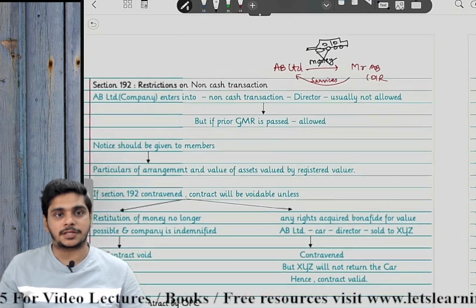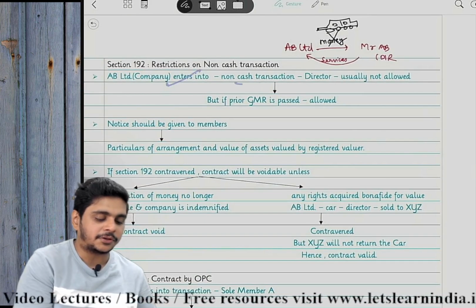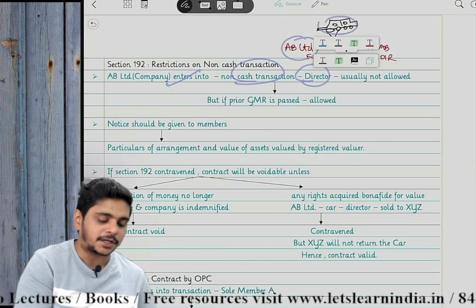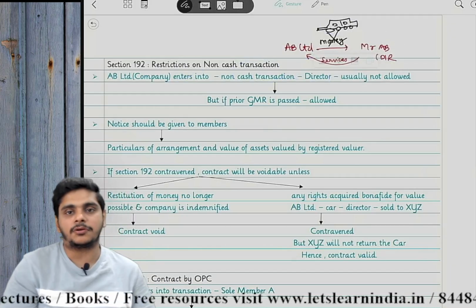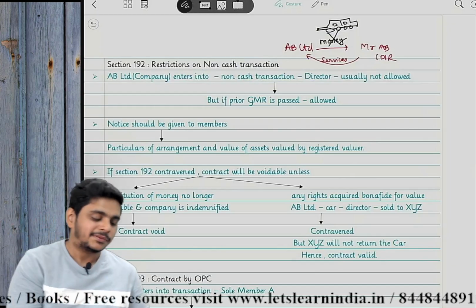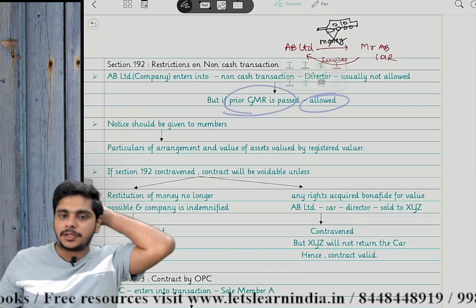So if a company is entering into a non-cash transaction with the director, usually it is not allowed. But if prior GMR is passed, then it is allowed. GMR means general meeting resolution.